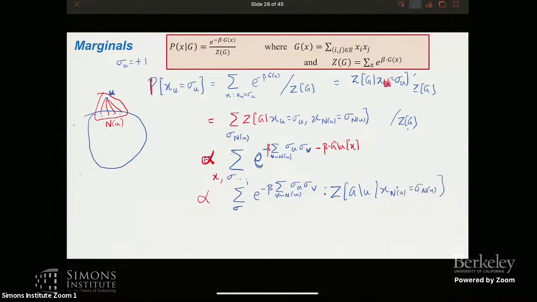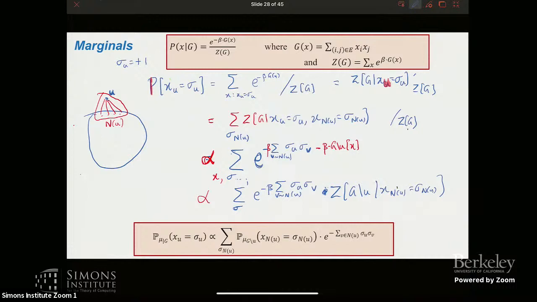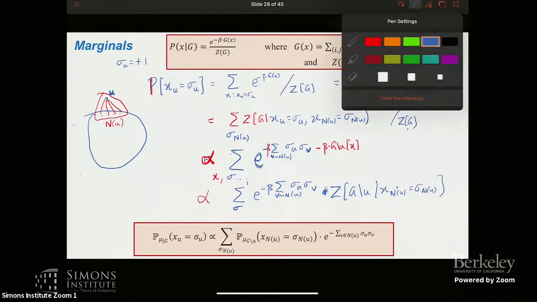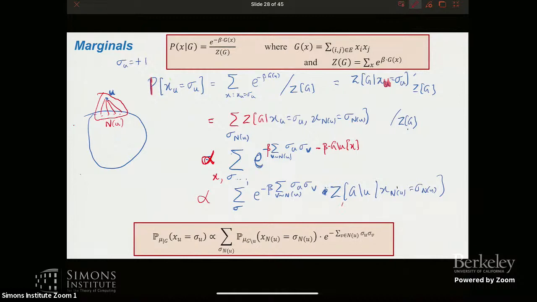All I want to say is that this quantity is proportional to the probability in g minus u of the neighborhood being assigned sigma.